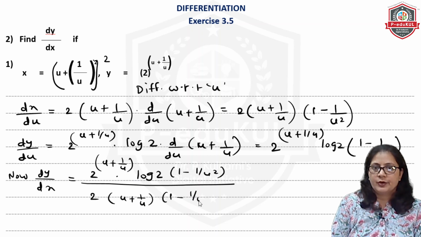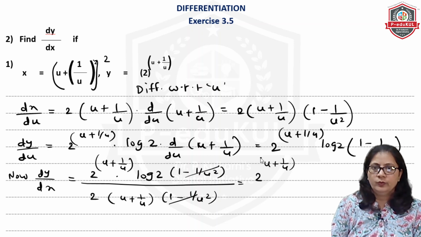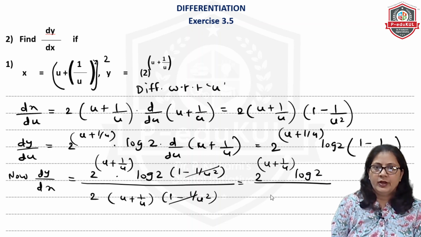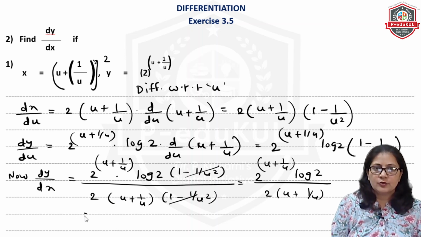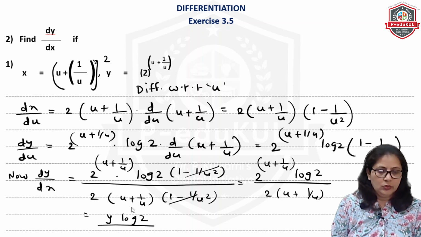So that is the difference, and this bracket will get cancelled, and the answer will be 2 raised to u plus 1 upon u log 2 divided by 2 into u plus 1 upon u. That is the answer. Now this you can write it as y log 2 upon 2 root x.